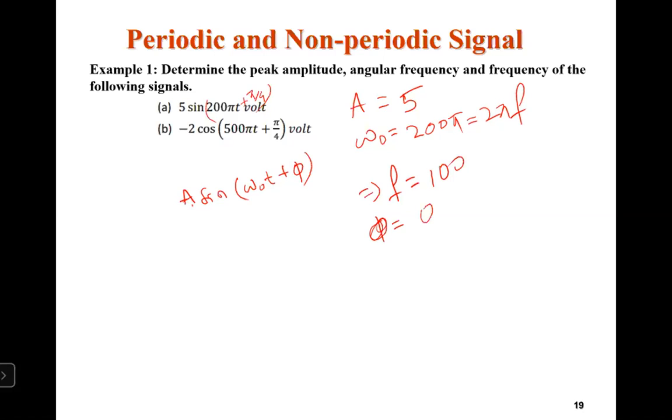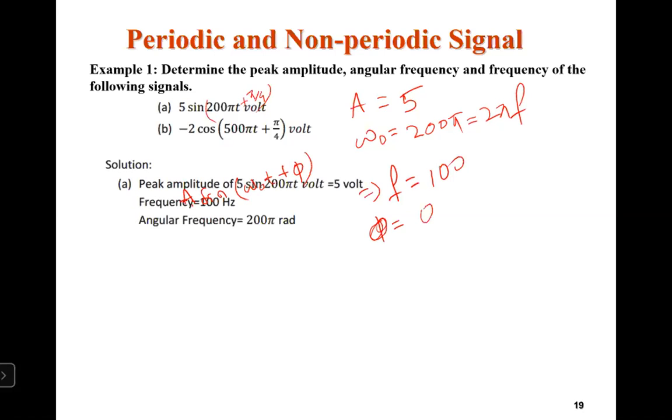Okay, this one is done. Second question: tell me how much will be the amplitude? 2. Will it be minus 2 or plus 2? Plus 2. Yes, the amplitude will always be positive. If I say sin x and minus sin x, how much is the amplitude of both?